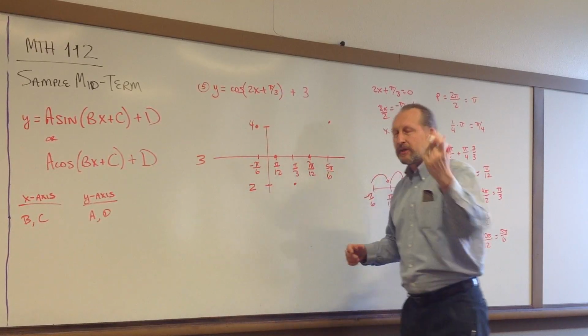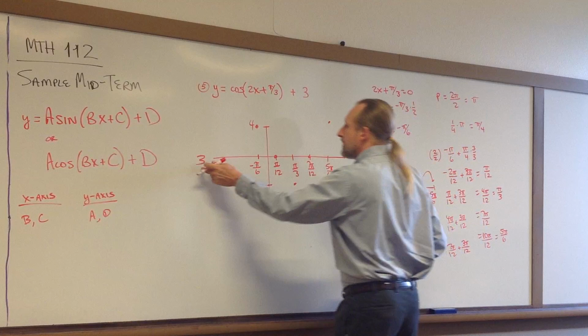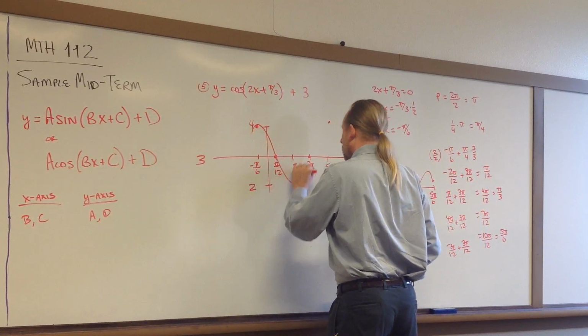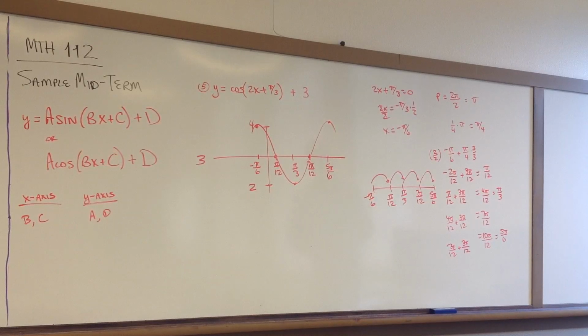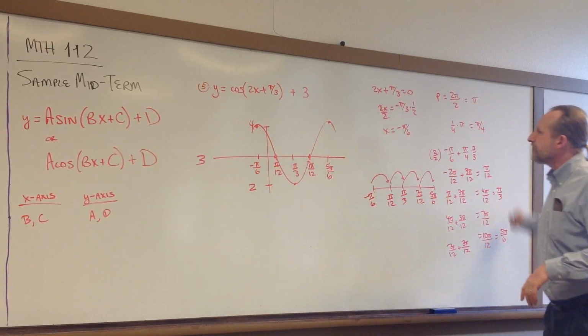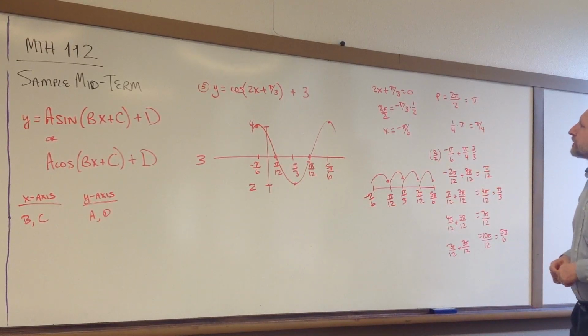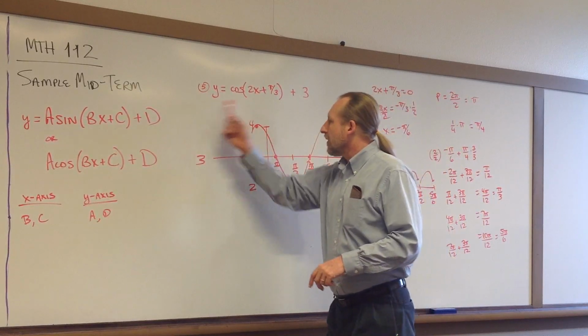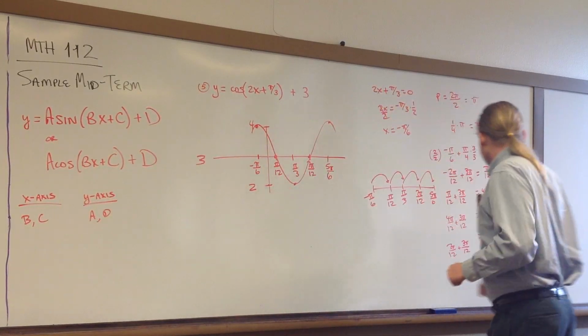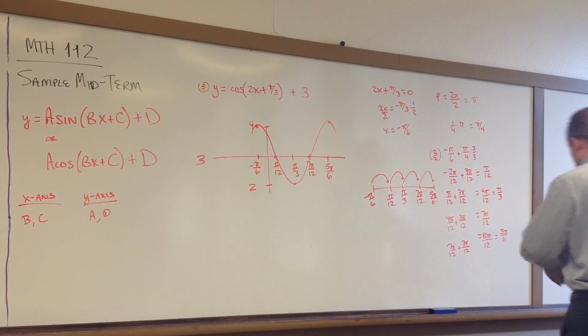And I say 0, but of course it's the midline value, which is 3. All right, so there's that cosine graph for number 5. And again, you can see this one was pretty heavy on the phase shift, together with the period, but nothing too tricky along the y-axis. All right, one more problem to look at.